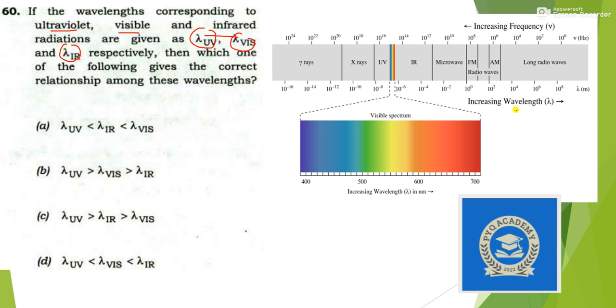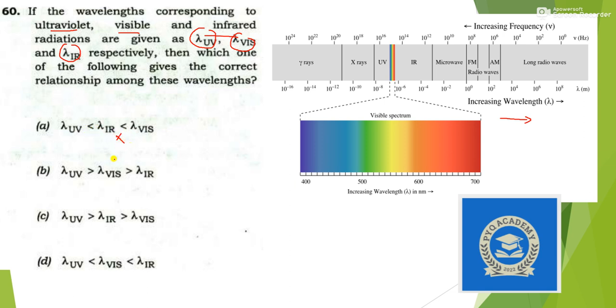When we move this side, the wavelength increases and the frequency decreases. So if we compare by wavelength, infrared will have the highest wavelength, then visible, then UV.